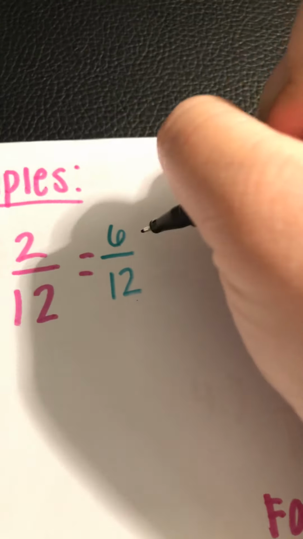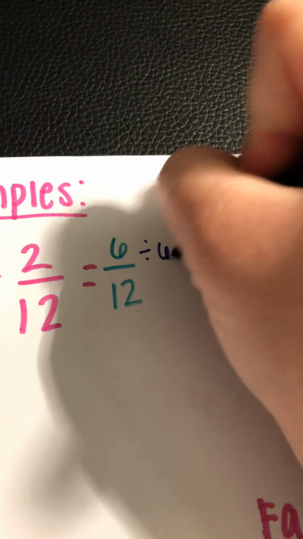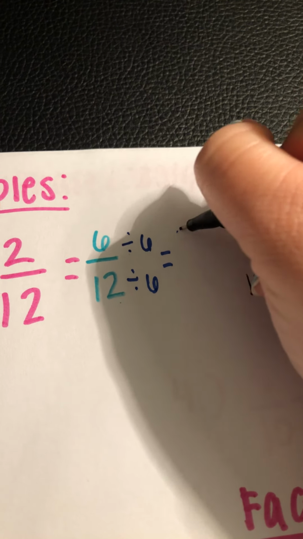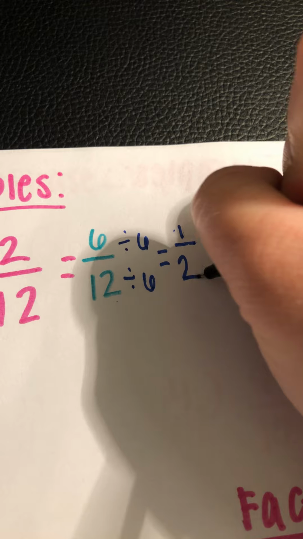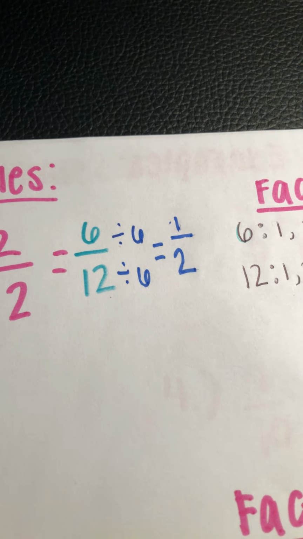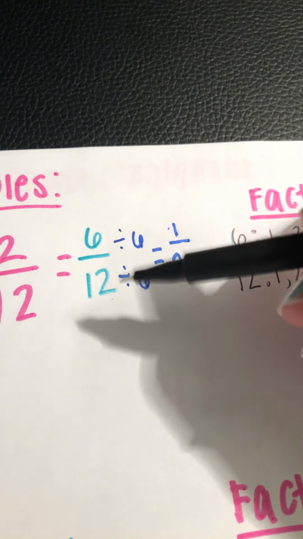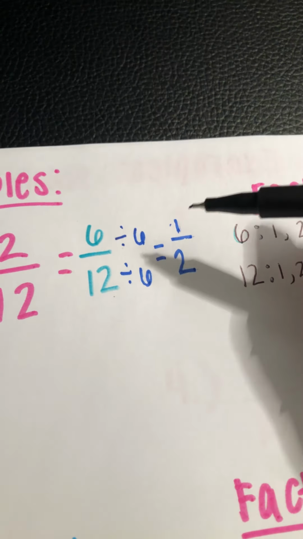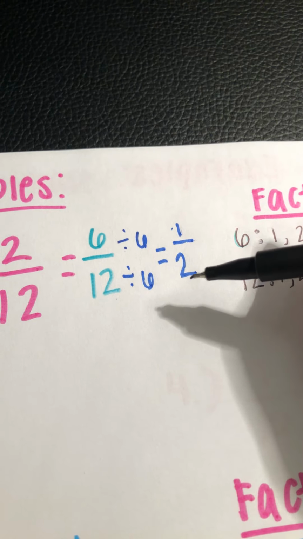So I'm going to go ahead and divide this by 6, the numerator and the denominator, and I get 1/2. So that is my final answer. We will not accept your answer as 6/12. You have to make sure to put in the simplest form, which is 1/2.